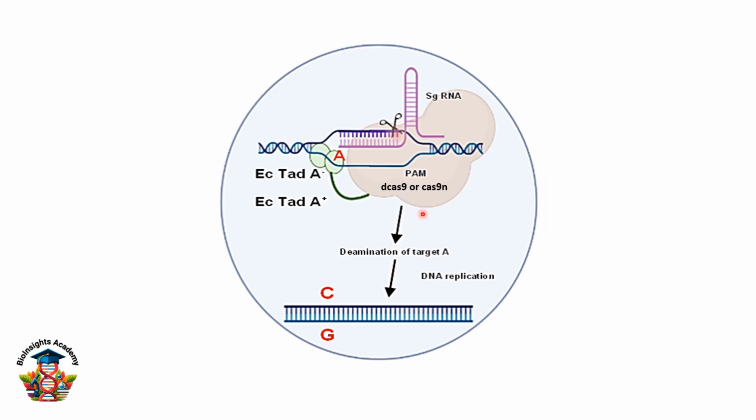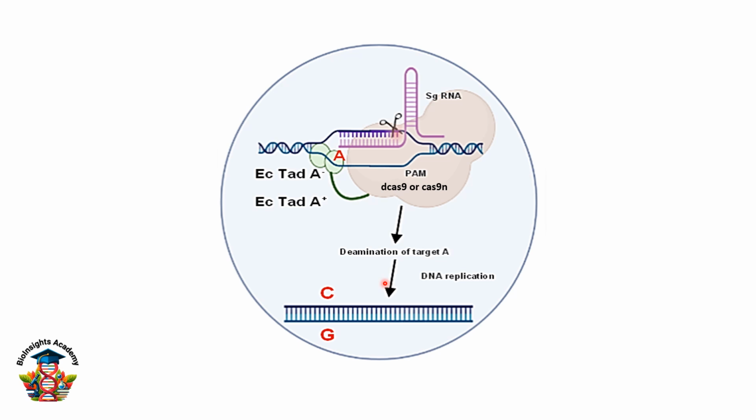So the Cas9 or Cas9 nickase is fused to an engineered adenine deaminase such as TadA, which catalyzes the deamination of adenine to inosine. Inosine is then interpreted as a guanine during DNA replication or repair.